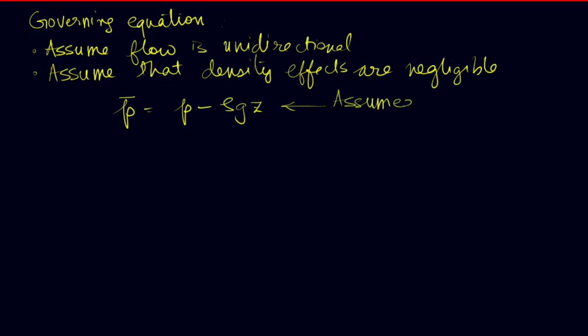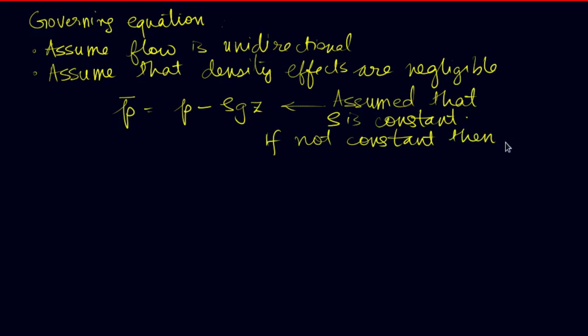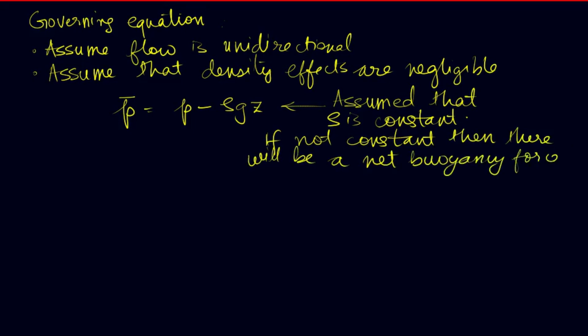And in this, we have the inbuilt density. In defining the modified pressure, we had assumed that the density is constant. If it is not a constant, meaning the density may change with temperature, this dependency leads to additional body force in the Navier-Stokes equation, and this gives rise to a buoyancy force.